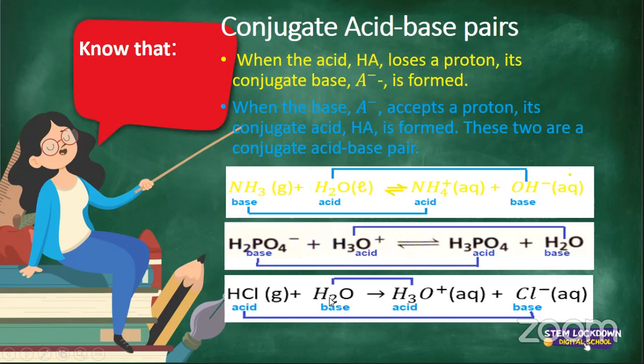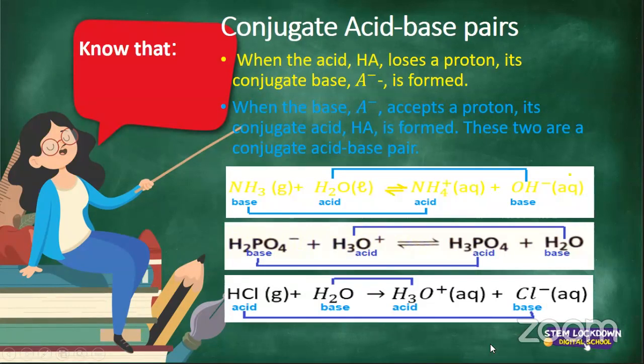So here the water is a base, and its conjugate acid will be the oxonium ion. Then this one is an acid, and its conjugate base will be the chloride ion.